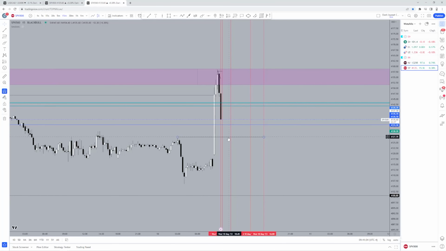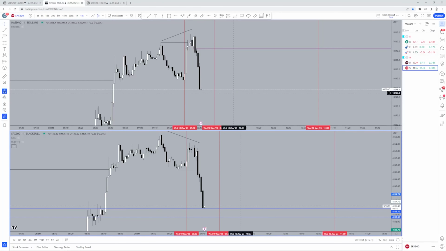Okay, as it looks, we might be going down to this breaker block very quickly.